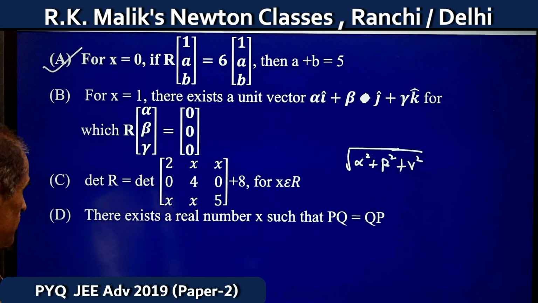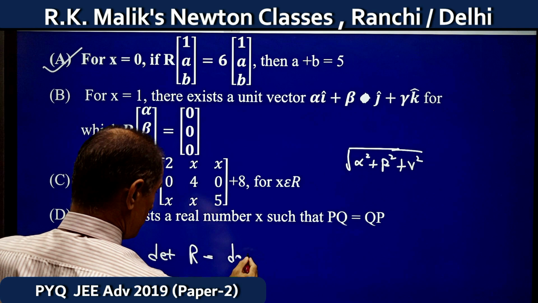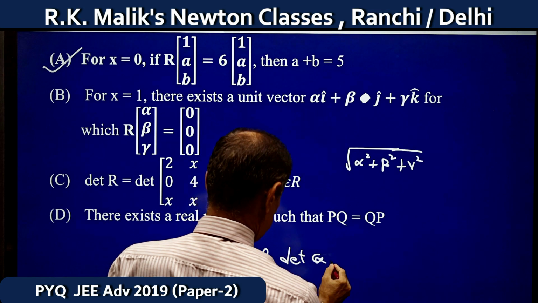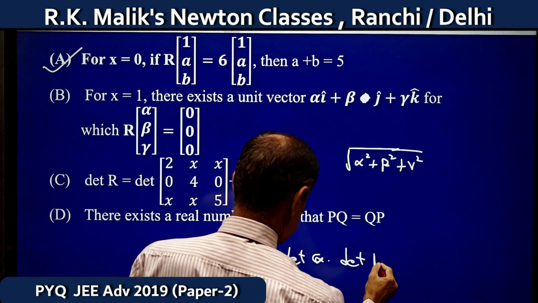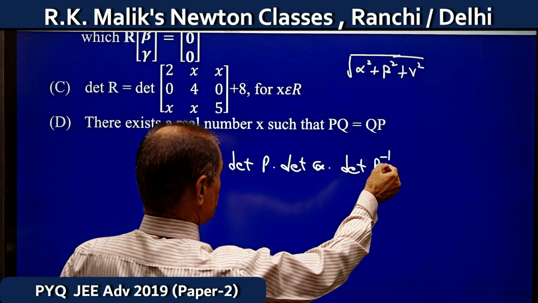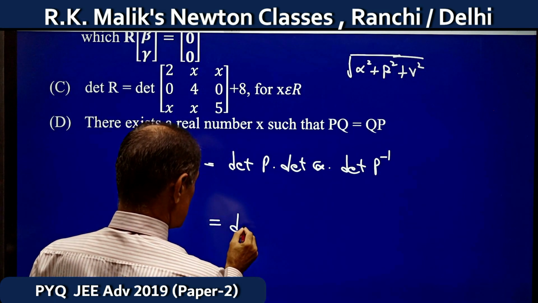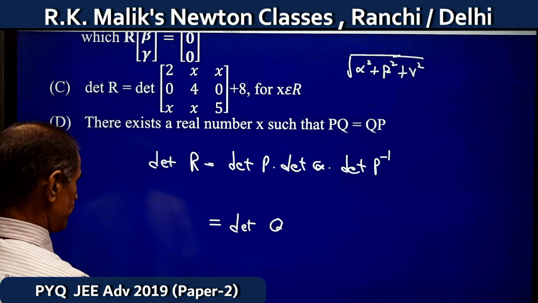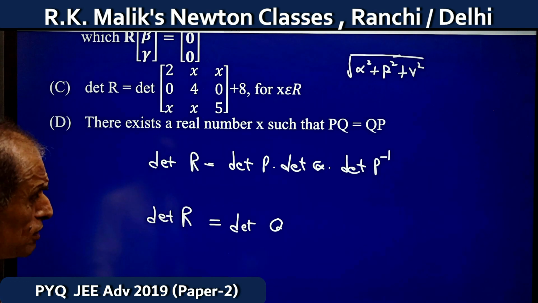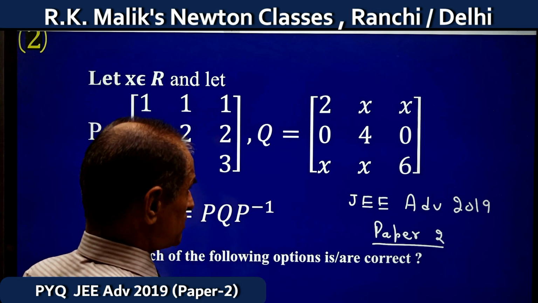And now to check the choice C, it's clear that determinant of R is equal to determinant of P into determinant of Q into determinant of P inverse. And because determinant of P inverse is 1 upon determinant of P, therefore I'll be getting only determinant of Q. That is determinant of R is equal to determinant of Q. Now finding determinant of Q is very easy.